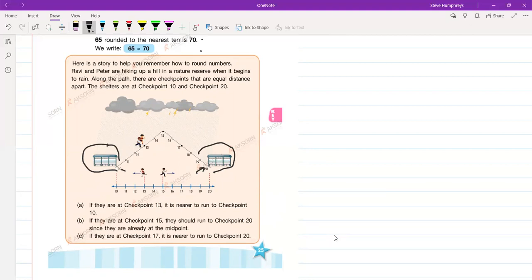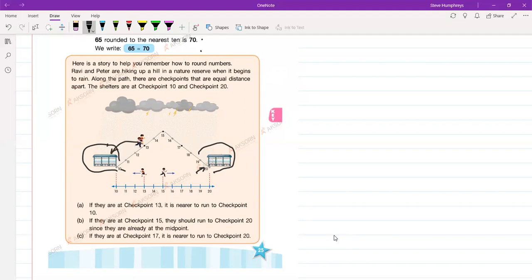Okay, if they're at checkpoint 13, which is here, it is nearer to run to checkpoint 10. Run back, round down.